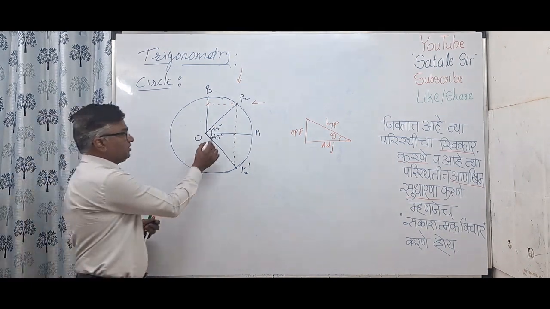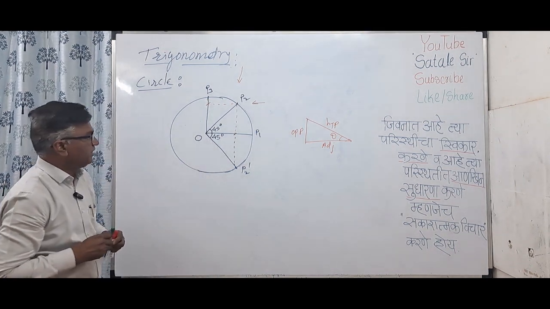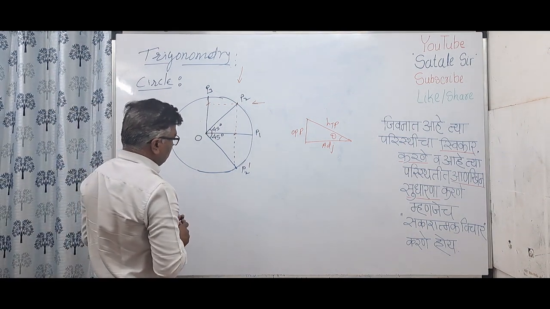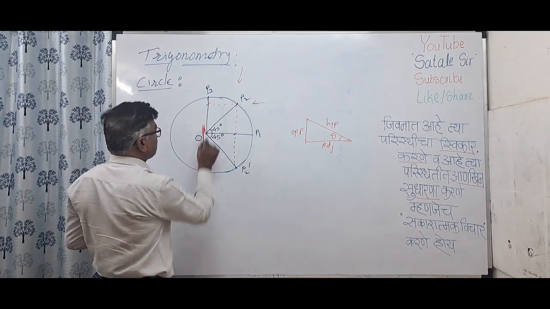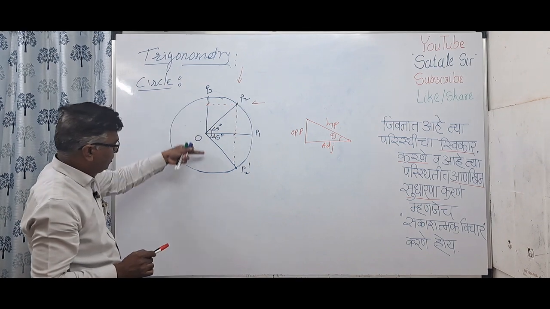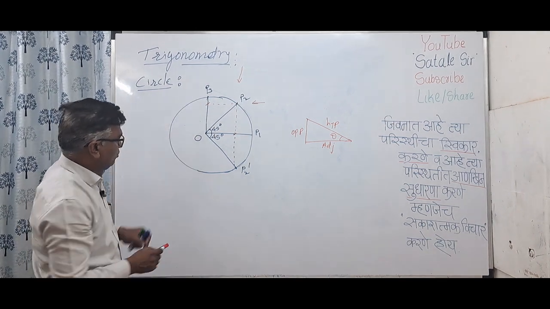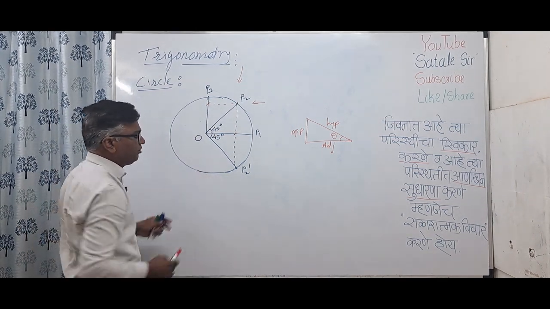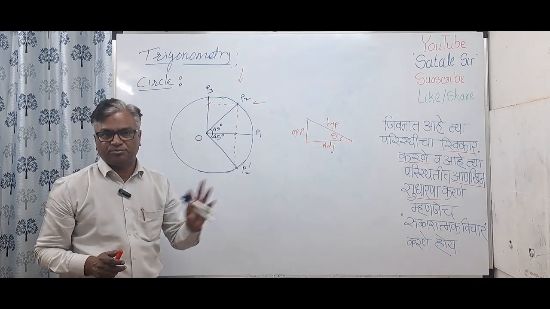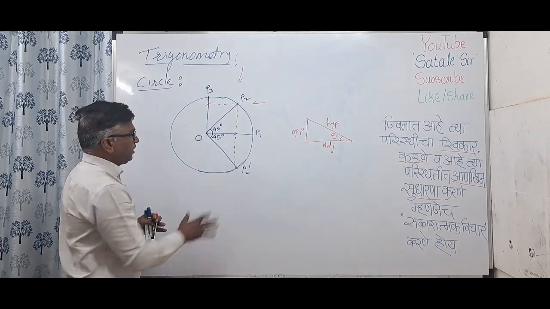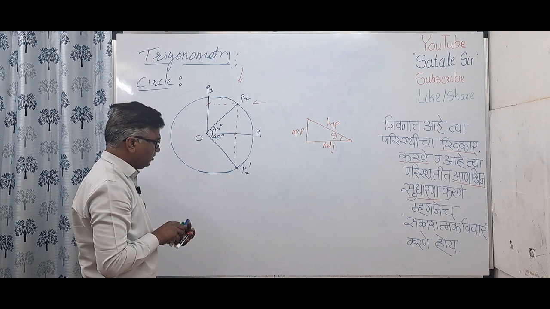So this angle is how much? It is 45 degrees. Now similarly this P2 dash will have a projection on this opposite side also, but we don't need the projection in this particular construction. So I have only constructed this much part.